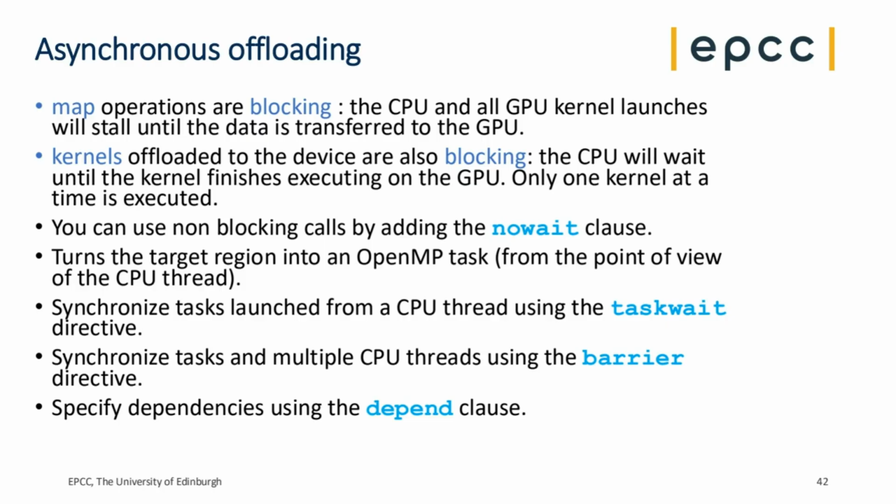You can also, if you've got lots of different pieces of work that you're offloading to the GPU, and there happen to be dependencies between them, specify that, so you don't end up with one piece of work running on the GPU before preparatory work that needs to be done has taken place.